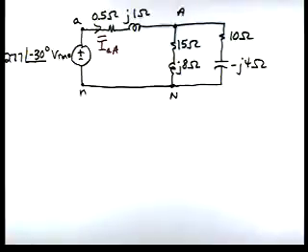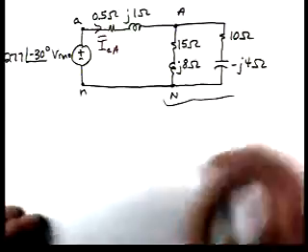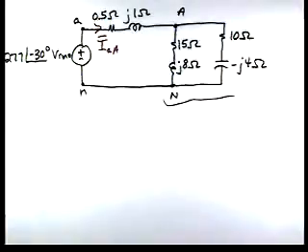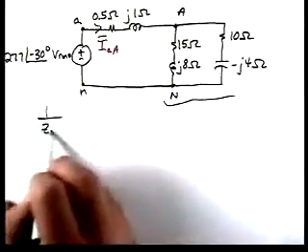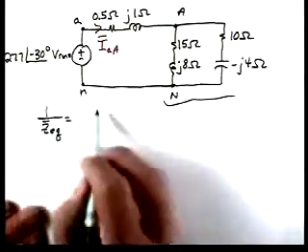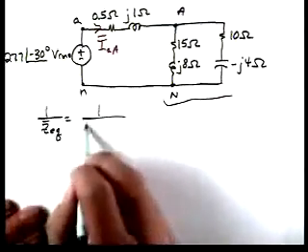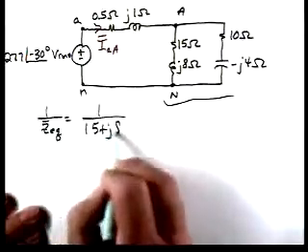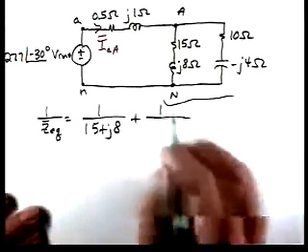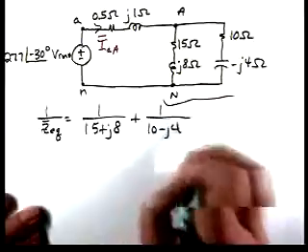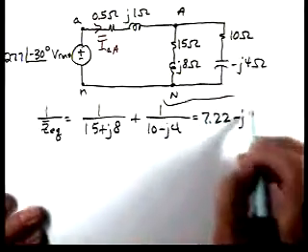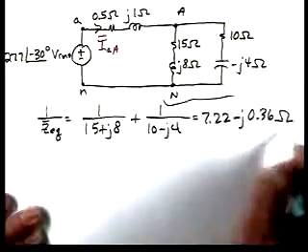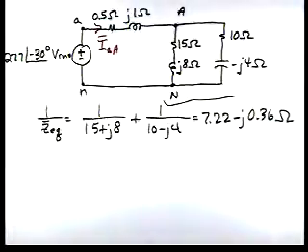Our two loads are in parallel, so we can combine them to form an equivalent load. Since they're in parallel, 1 over Z equivalent is 1 over 15 plus J8 plus 1 over 10 minus J4, and that's 7.22 minus J0.36 ohms.